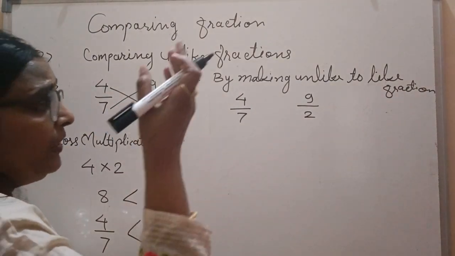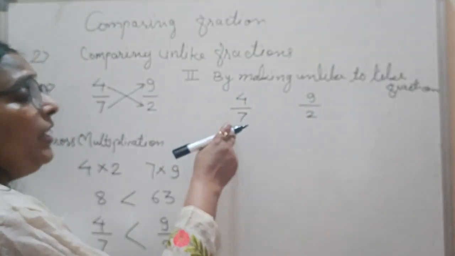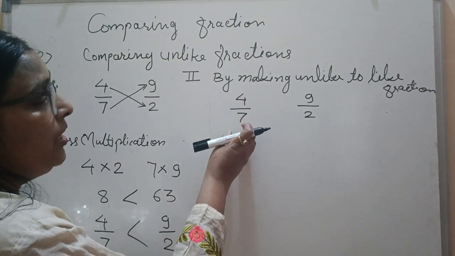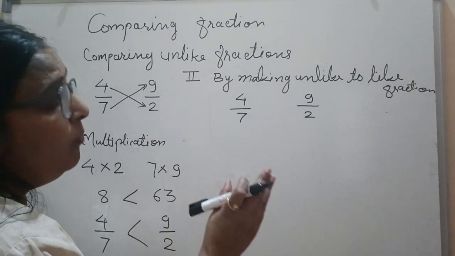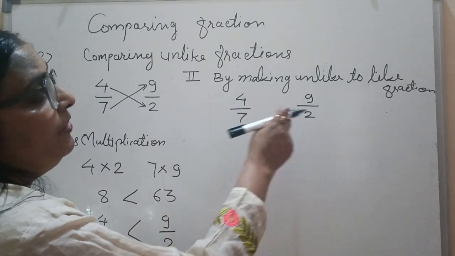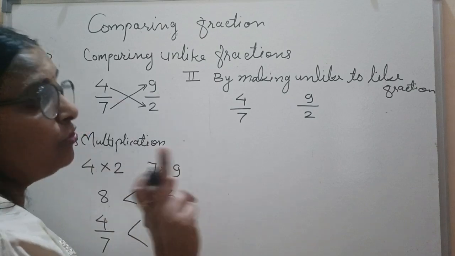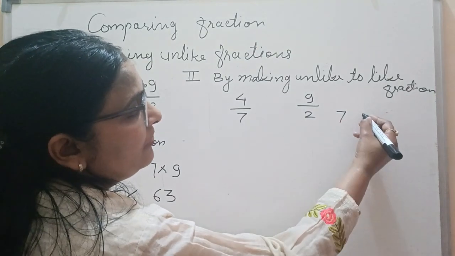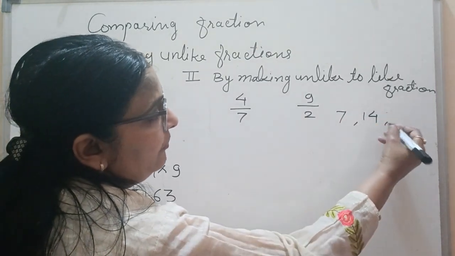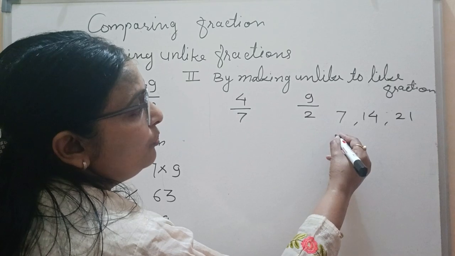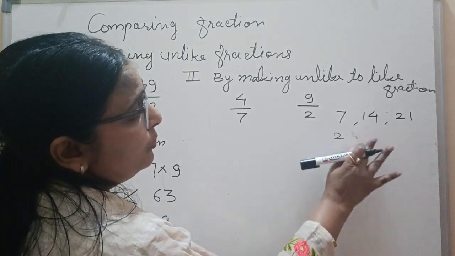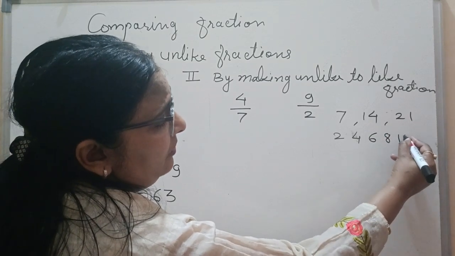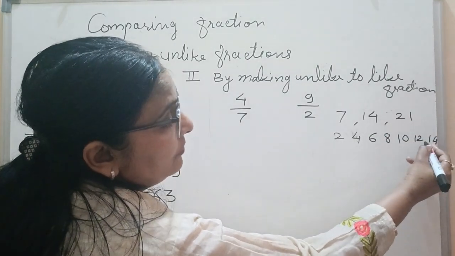You can take the LCM by the usual method, or you can use this method: check the common multiple in the tables of 7 and 2. Suppose I write the tables here. 7 ones are 7, 7 twos are 14, and 7 threes are 21. In the 2's table, 2 twos are 4, then 6, 8, then 10, 12 and 14.